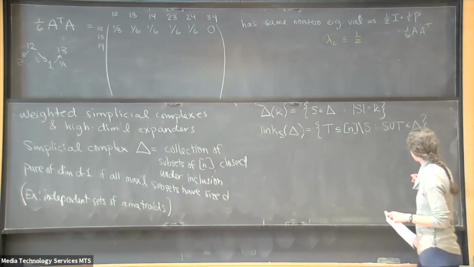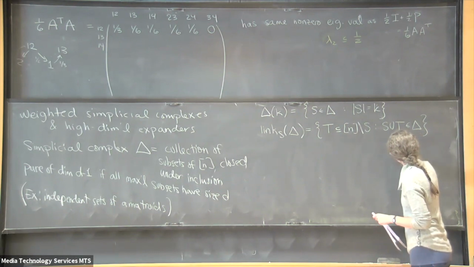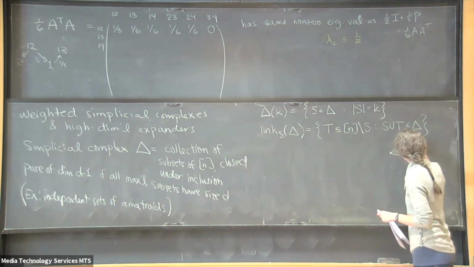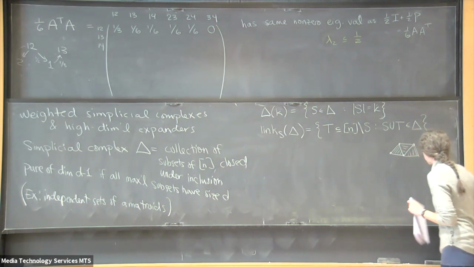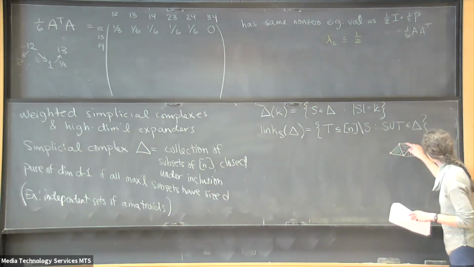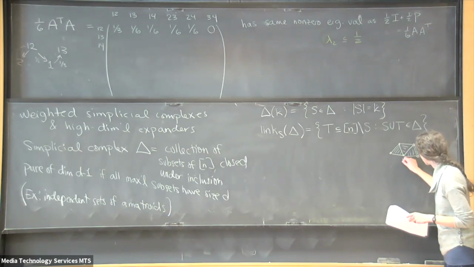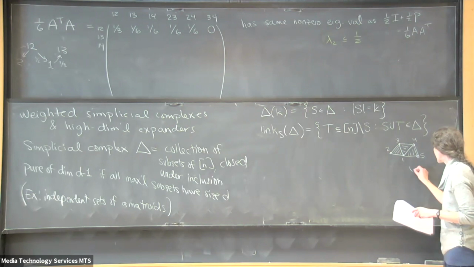So if we imagine delta, a simplicial complex of dimension 2 on 1, 2, 3, 4, 5 things, and we take the link.